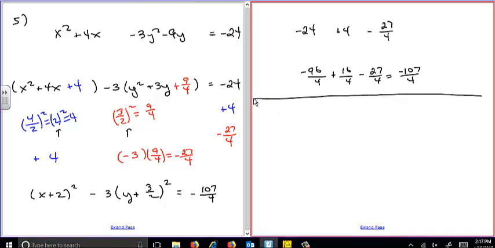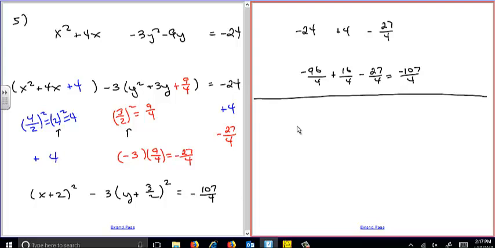So this is equal to negative 107/4. Okay. Now, in standard form, this has to equal 1. So what we would do is multiply by the reciprocal of this. And that way the negatives would cancel out and the other things would cancel out to be 1.